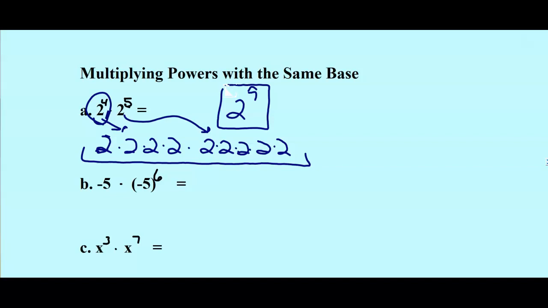We have -5 times (-5)^6, that is, six -5's. The first one does not have an exponent, but it's understood that there's still one. It's still one -5 right there.